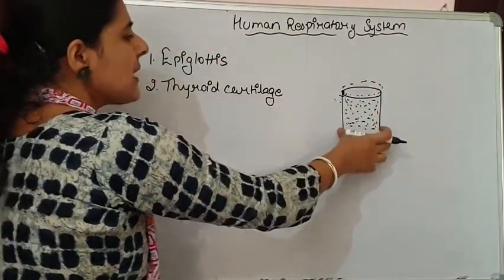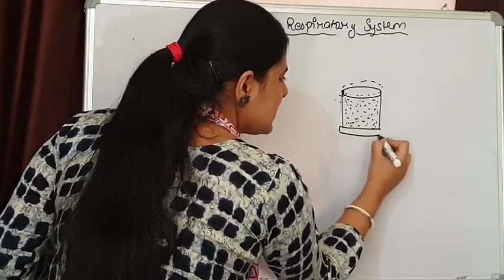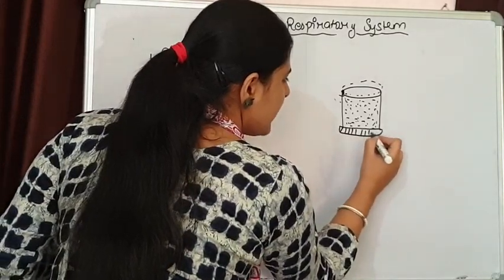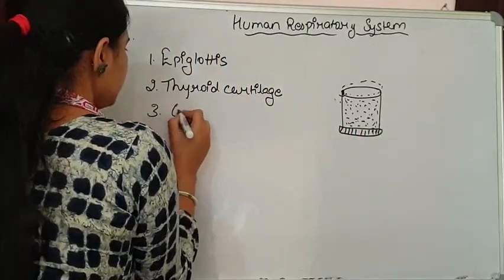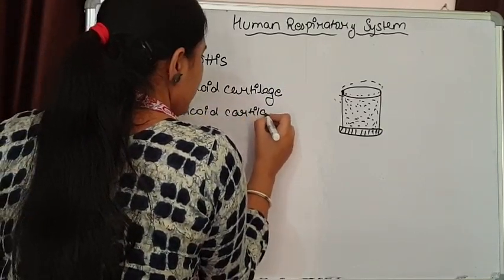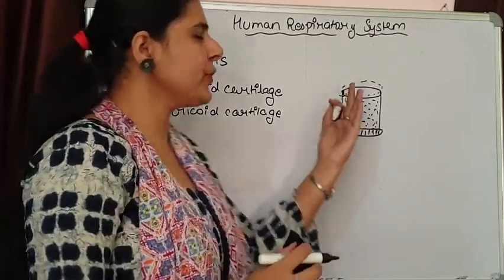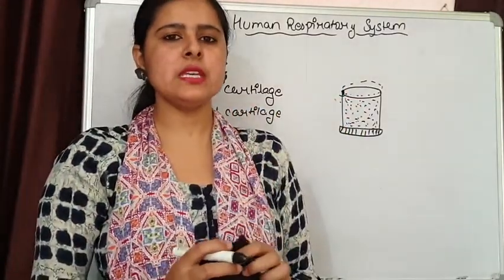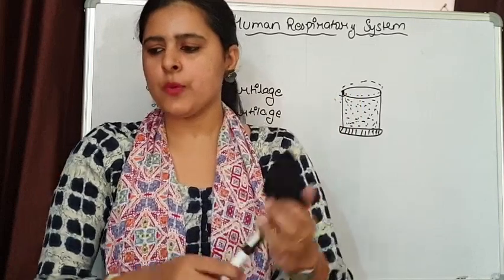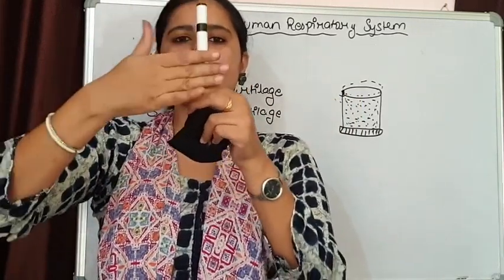Just below this thyroid cartilage, another cartilage is present, that is cricoid cartilage. So this is the front view of the larynx. Suppose this is a tubular structure, that is the larynx, and this is the front view.